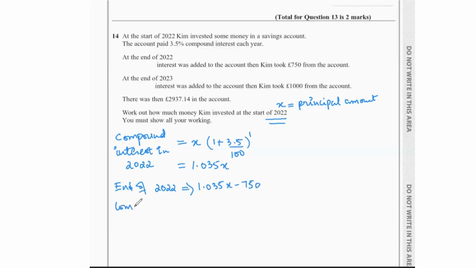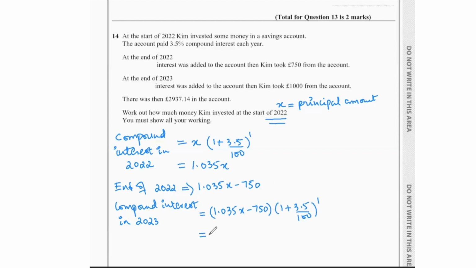So compound interest in 2023 will have the initial amount as 1.035x minus 750 times again 1 plus 3.5 over 100 to the power of 1, because we're still taking into account 1 year, not more than that.